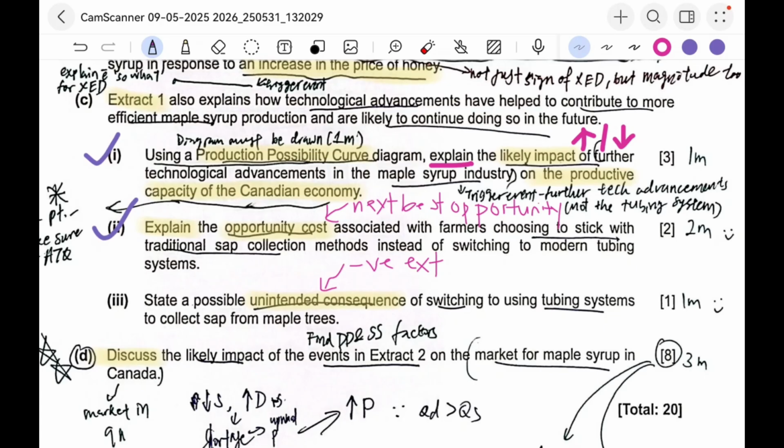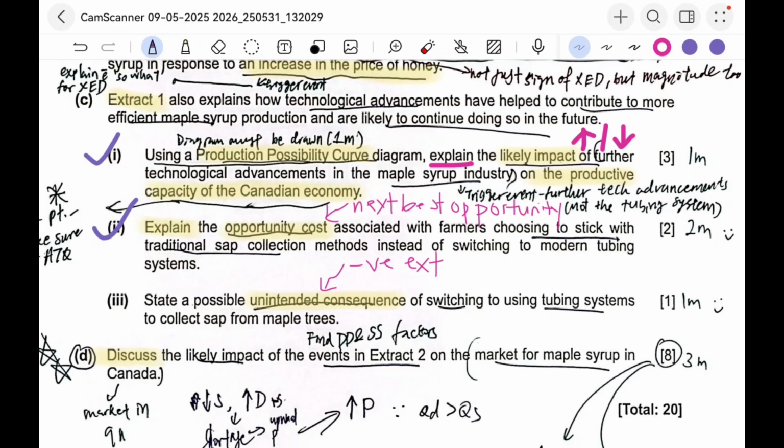So this further confirms that what we highlighted just now is applicable, because when they use the tubing system to collect, the intention is that it will improve productivity, improve yield, and reduce working hours. But the unintended consequence could be that when the tubing is broken down, it has an impact on the environment.